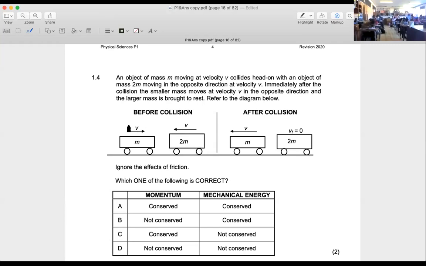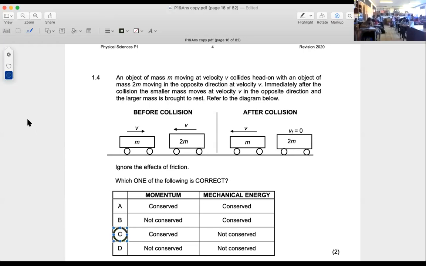This had velocity v, that had velocity v. This is stopped, that's got reverse velocity v. So I know that if I add the kinetic energy before, it's a lot bigger than the kinetic energy after, because we had at least a half mv squared there plus a half 2mv squared there. They're scalar quantities. That's a lot of kinetic energy, a little kinetic energy. So the kinetic energy was not conserved. So what is our answer? Momentum is conserved and mechanical energy is not conserved. So the answer must be C.